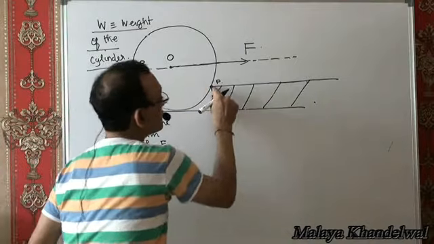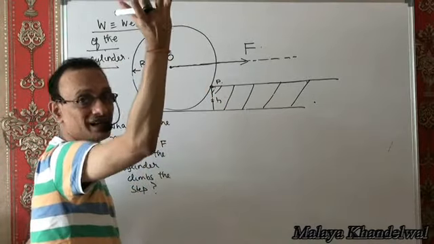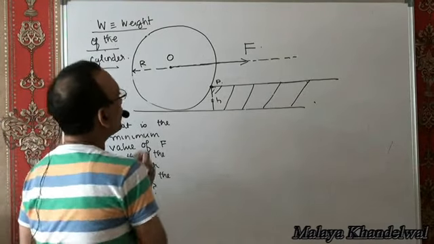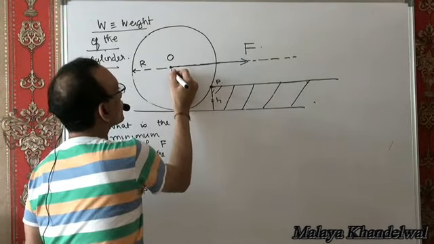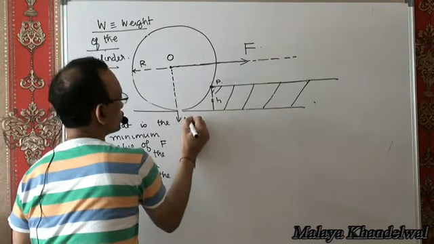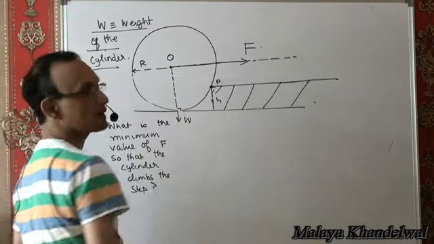That means it will pivot about P and climb the step. That's what I'll assume. Now realize that the forces acting are F, and the weight acting downwards like this.